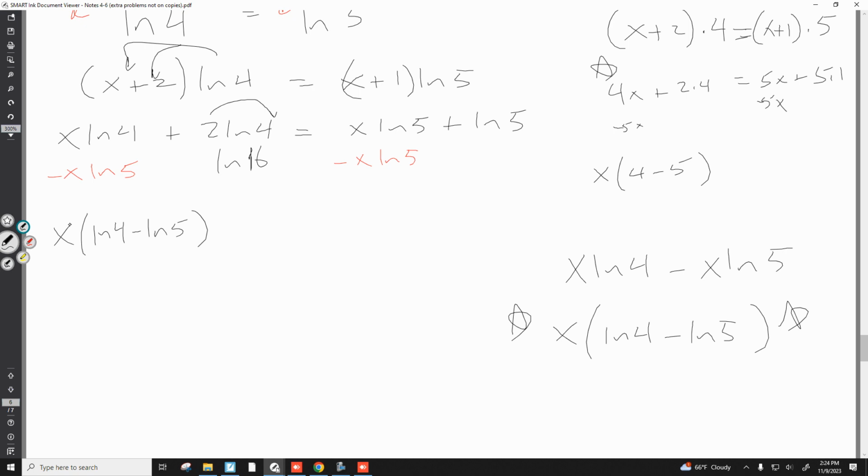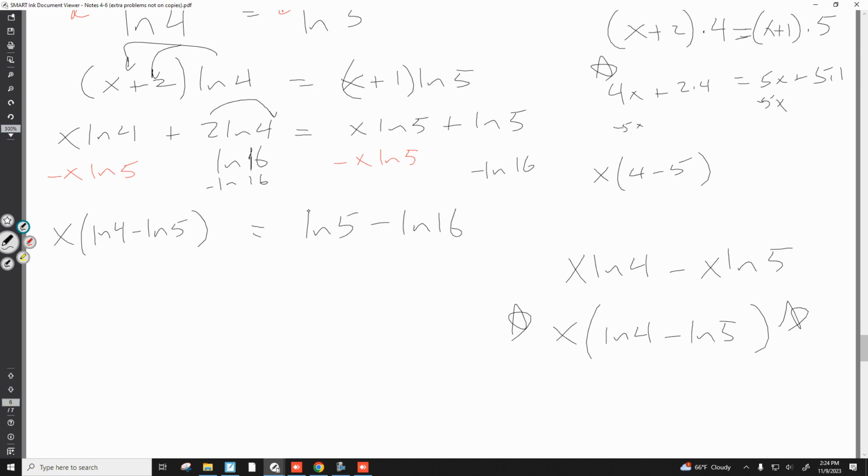Cool? Now over here, I will subtract ln 16. You might think that ln 5 minus ln 16 is ln negative. No, no. It's just ln 5 minus ln 16.